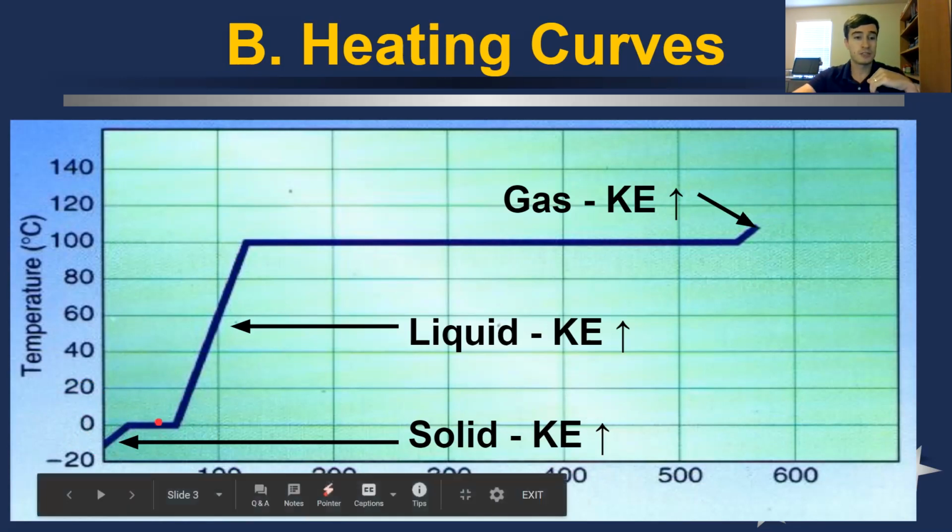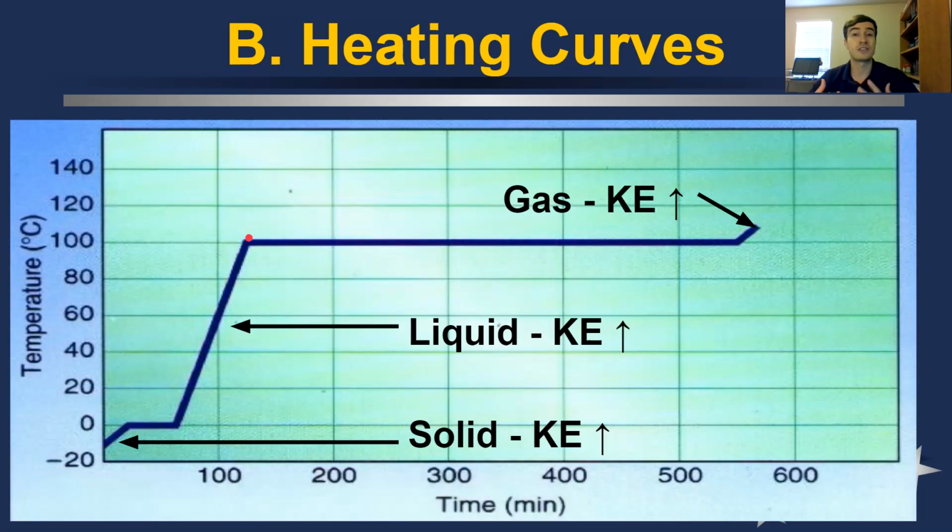So the temperature stops going up for reasons that we'll talk about in a second, right here. And then once our solid has completely turned into a liquid, so once all that ice is melted and turned to liquid water, then the temperature starts going up once again, right?